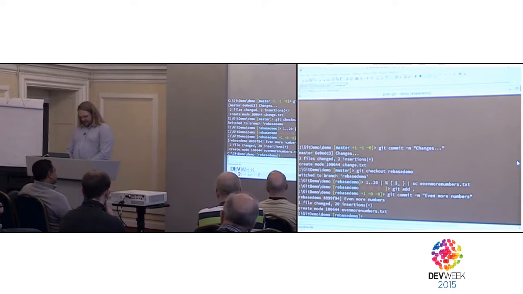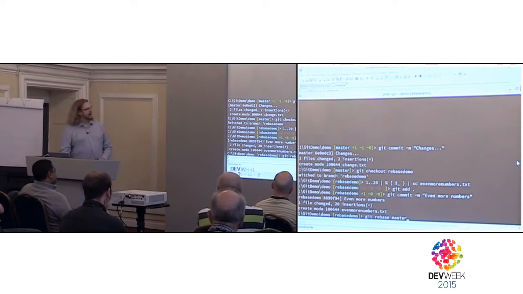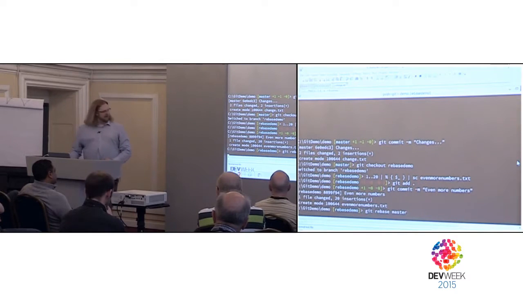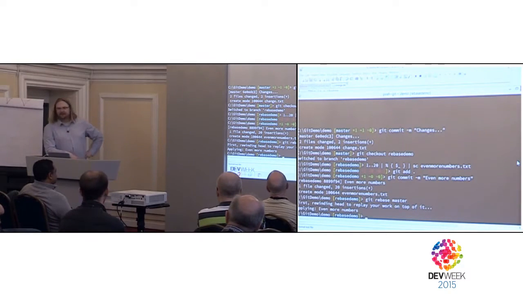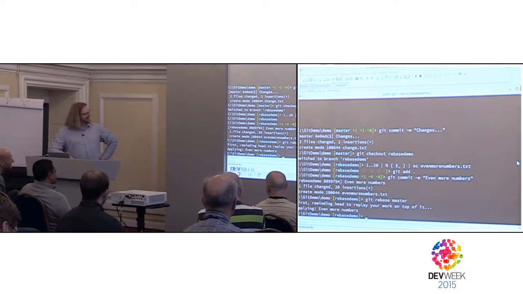What I can do, though, is this. So, git rebase master. And what that will do is exactly what it says in there: rewinding head to replay your work on top of it. It makes perfect sense, doesn't it? Actually, that is what it's doing.